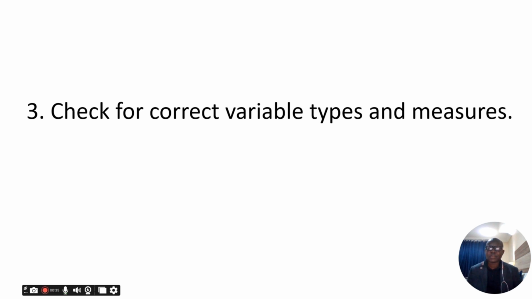Number 3, check for correct variable types and measurements in the data set that you have imported to SPSS. This is very important so that SPSS can perform the right analysis. It's important to practice this until you can import your data sets without errors. It is one of the most essential SPSS skills that you require.